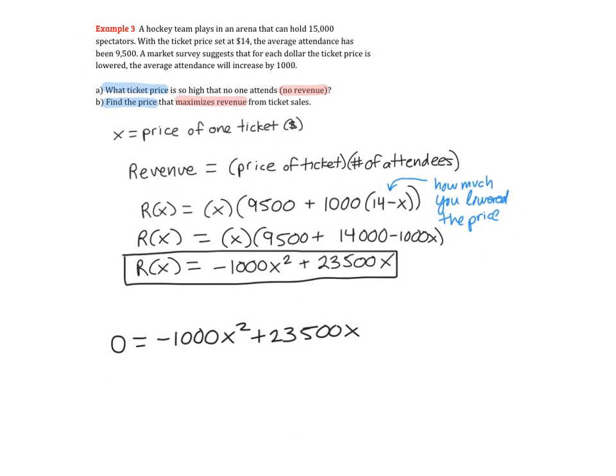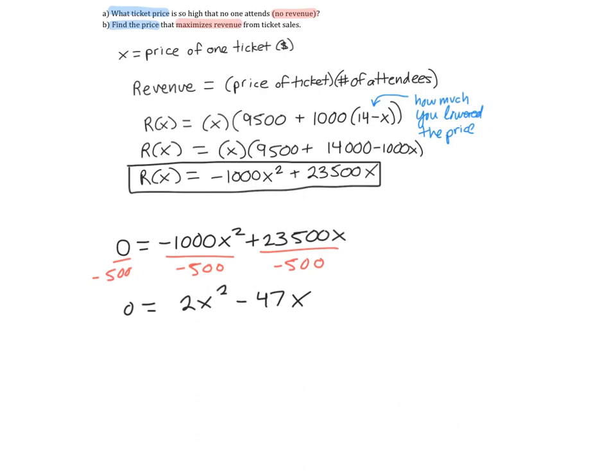So for this one, I'm going to start by reducing down my equation a little bit, and I'm going to divide both sides by negative 500, just because I notice all of my terms are divisible by that. So it leaves me with 0 equals 2x squared minus 47x.